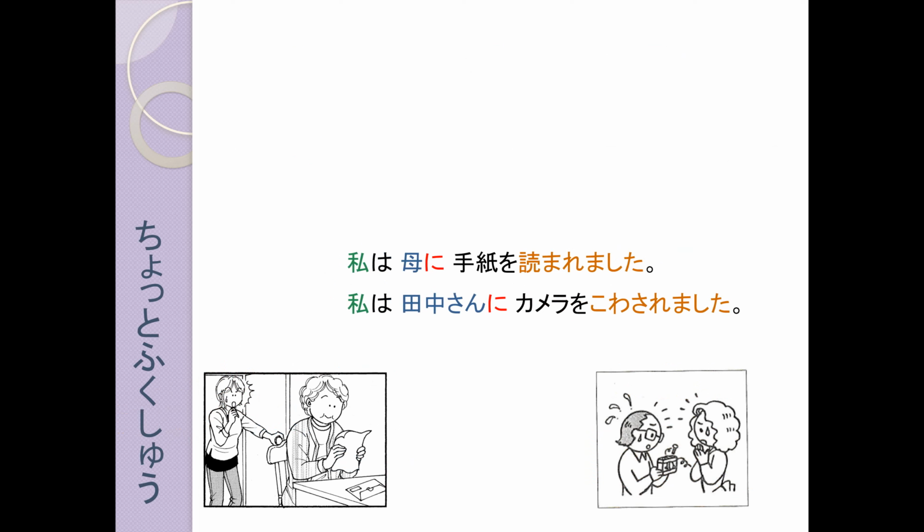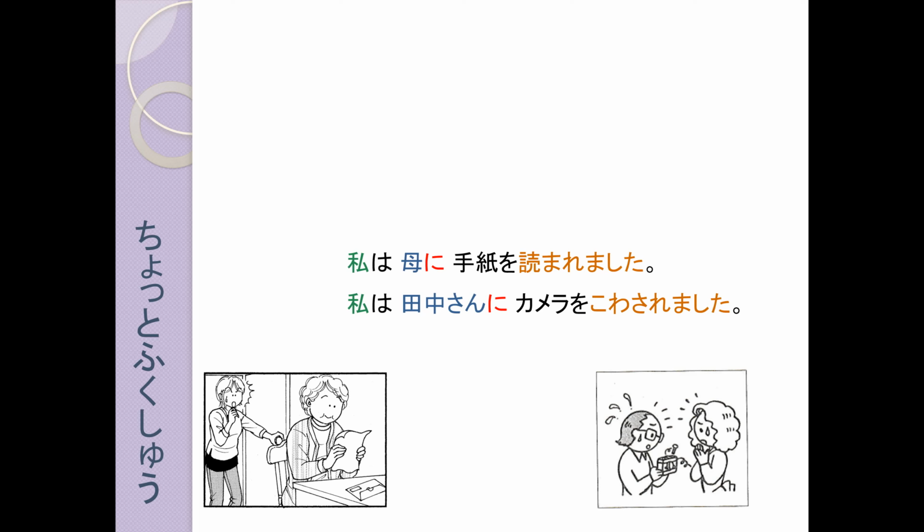So let's look back at some of our passive sentences that we've had before. So for example, 私は母に手紙を読まれました. I had my letter read by my mom, and I'm not happy about it. 私は田中さんにカメラを壊されました.